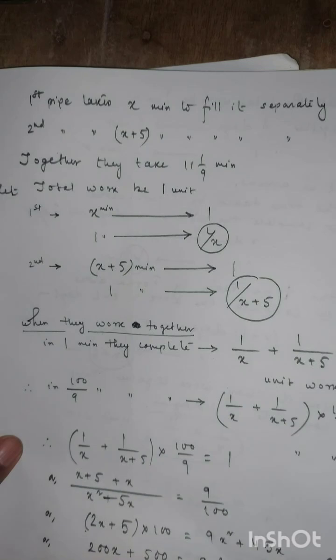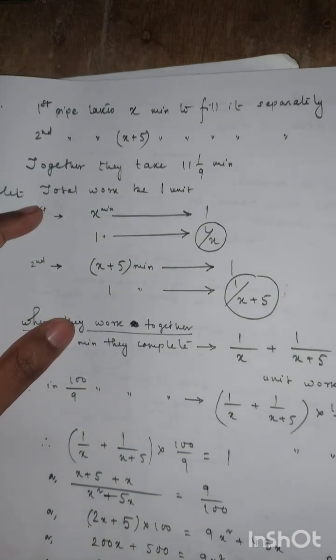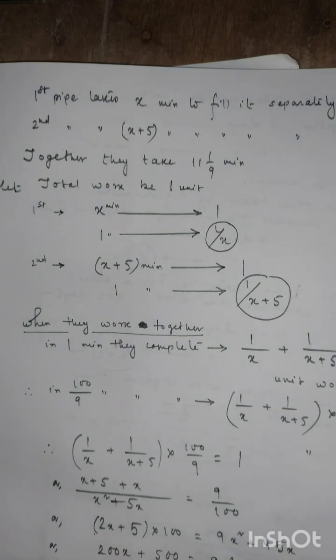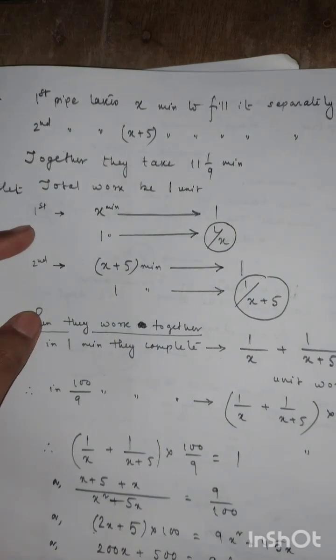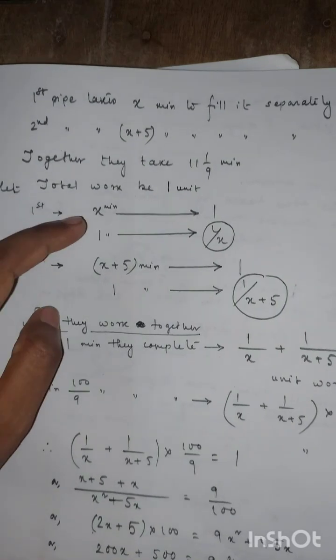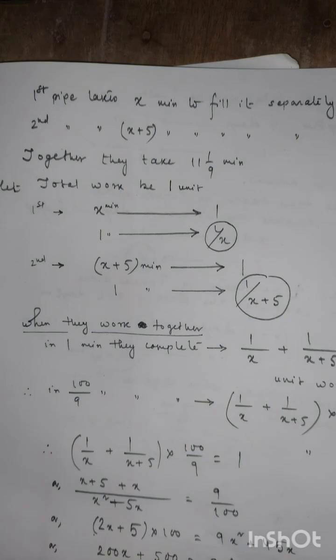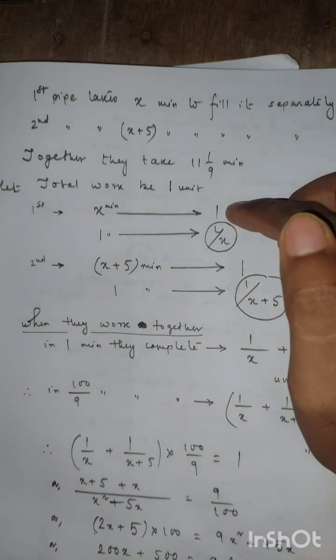Now let the total work be 1 unit. Okay, total work means filling the whole reservoir. This work is considered 1 unit. So the first pipe, when it works alone, in x minutes it fills 1 unit.